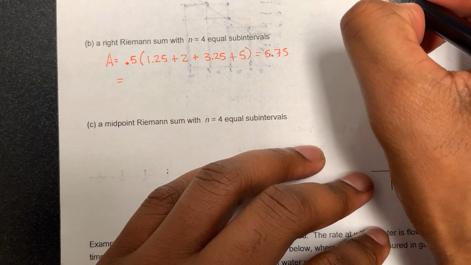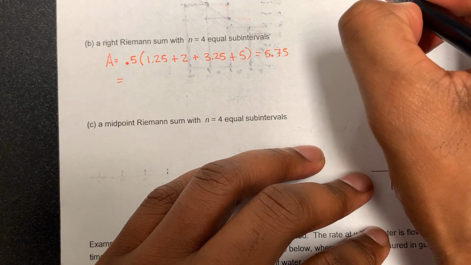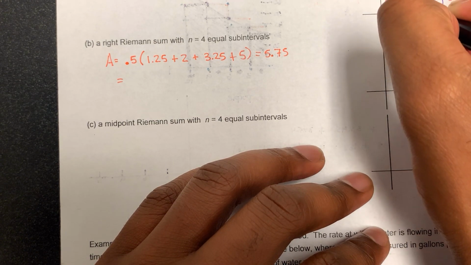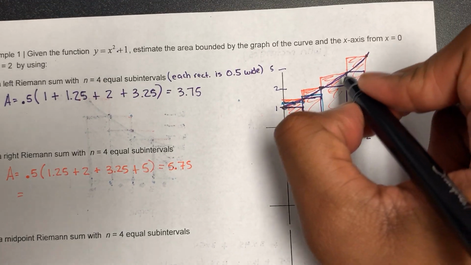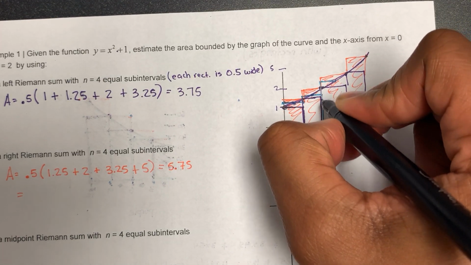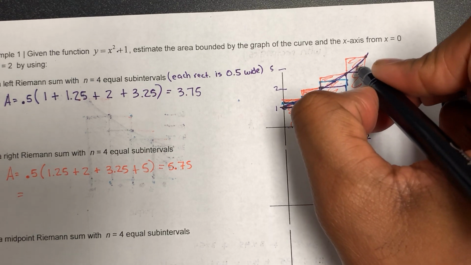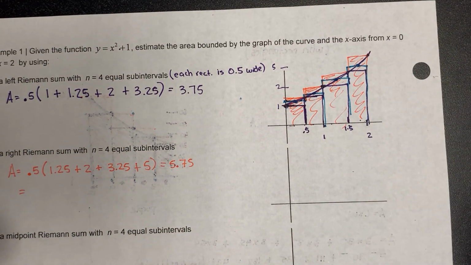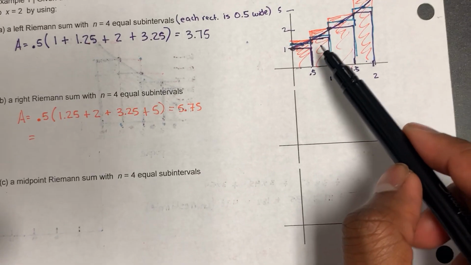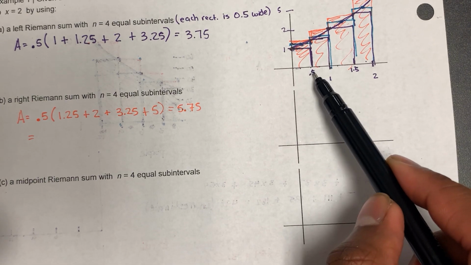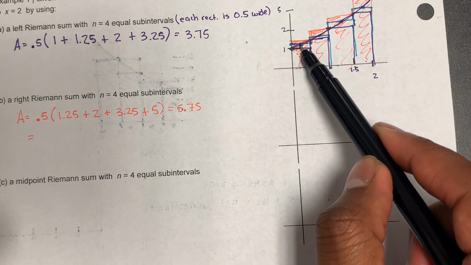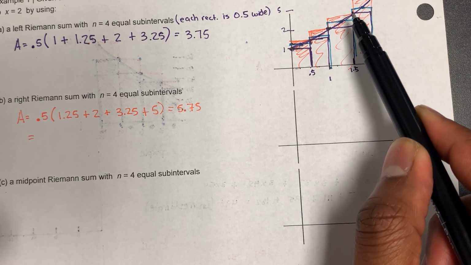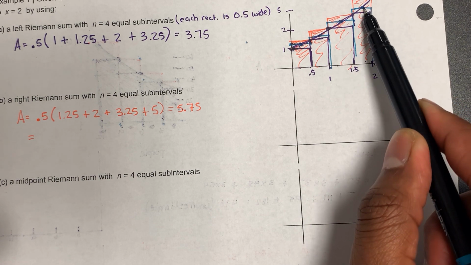So imagine we have the midpoint here, another midpoint here, another midpoint here, and another midpoint here. So instead of being at 0.5, we have a value at 0.25, 0.75, 1.25, and 1.75.